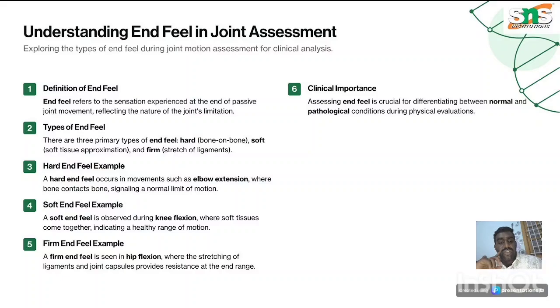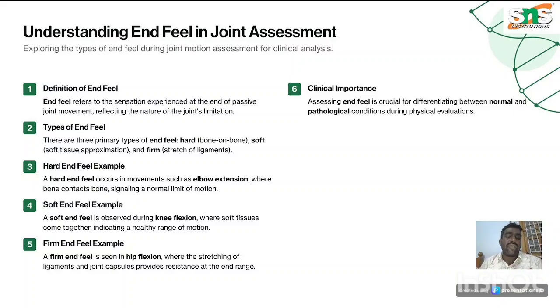The soft tissue end feel is, for example, a knee ligament injury, and the firm end feel is the joint capsule end feel. End feel has clinical importance for treating people with an injury correctly and managing their rehab.